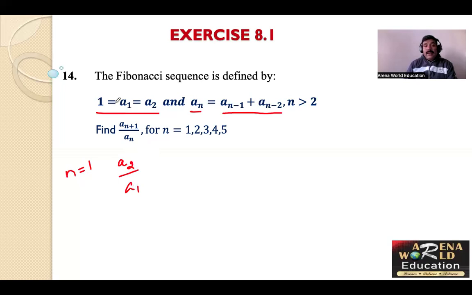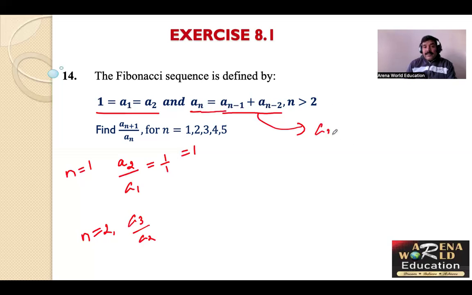So we have to find a2 upon a1. a1 and a2 are already given, so the direct result will be there. But when we put n equal to 2, here we have to find a3 upon a2, right? But a2 is already given, so we have to find a3. So it means we will use this sequence now.